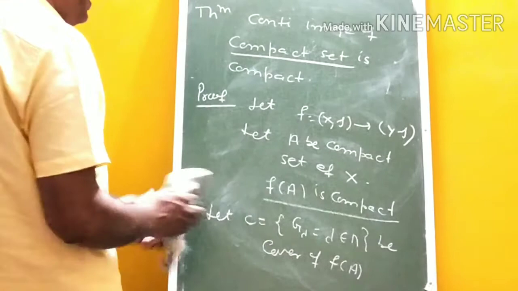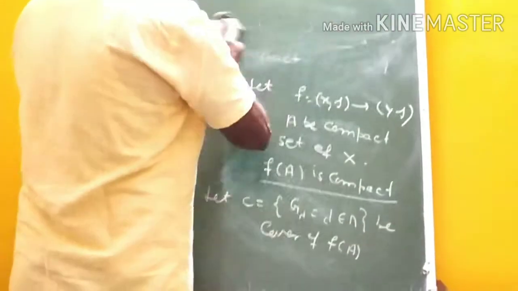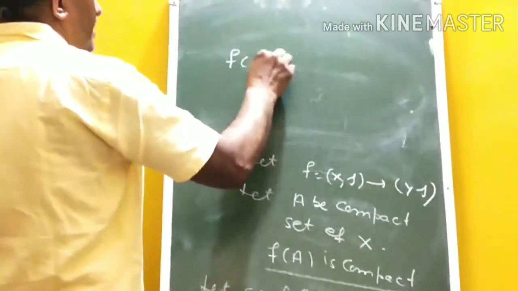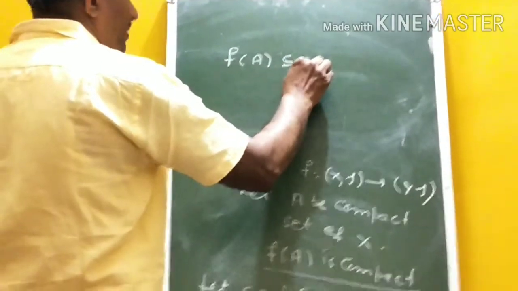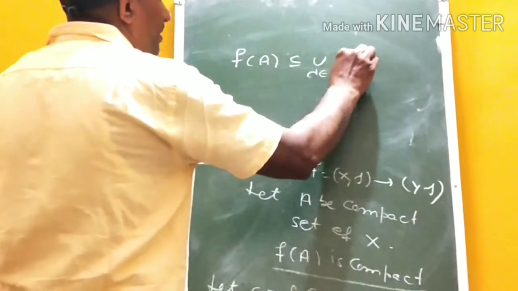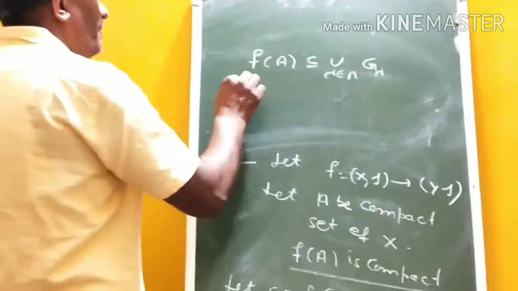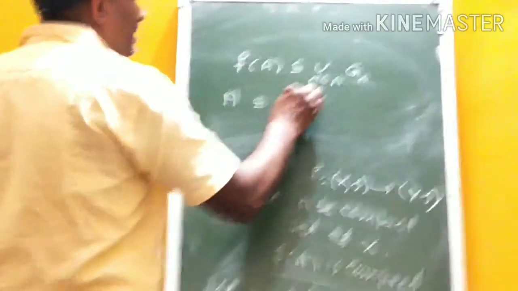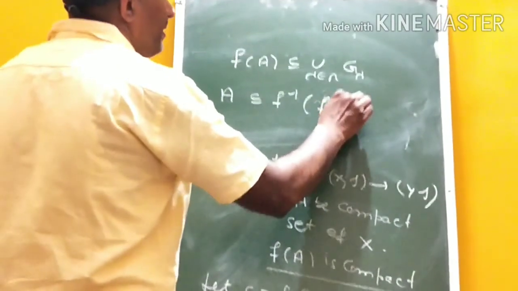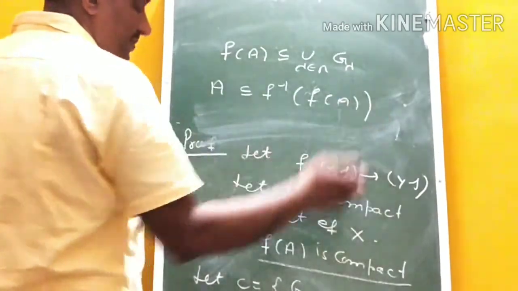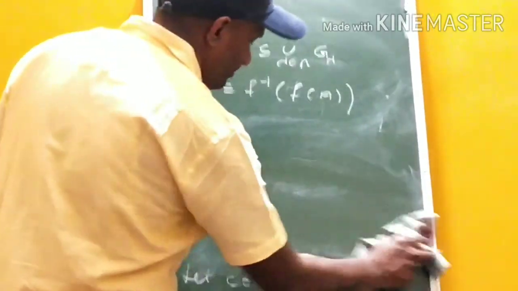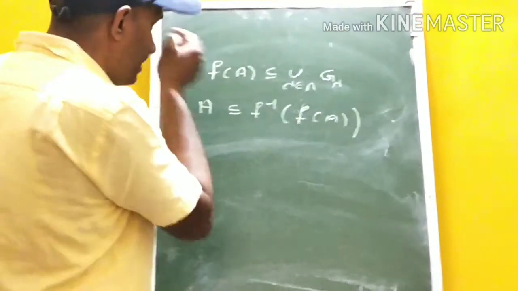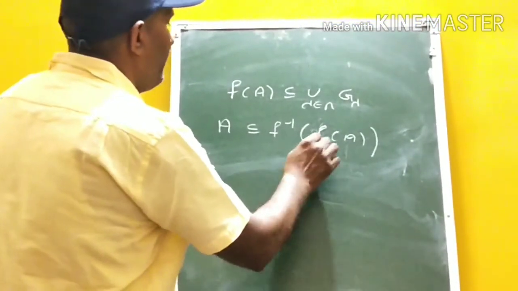So f(A) can be written as union lambda belongs to gamma G lambda. From the set theory we know that A is contained in f inverse of f(A).